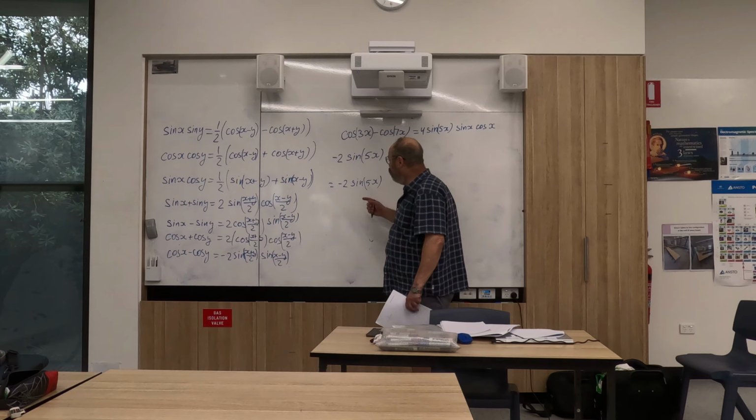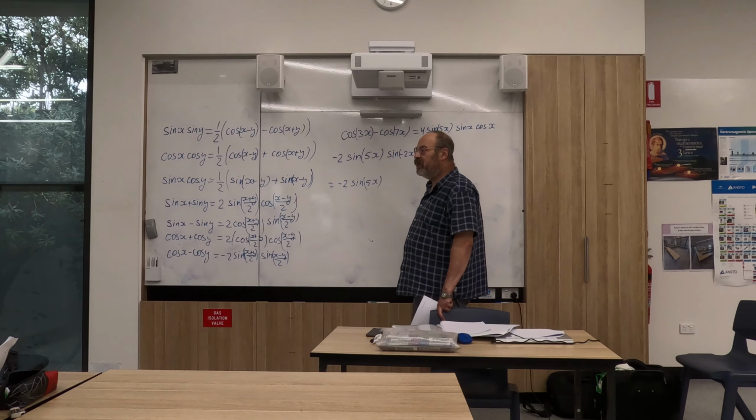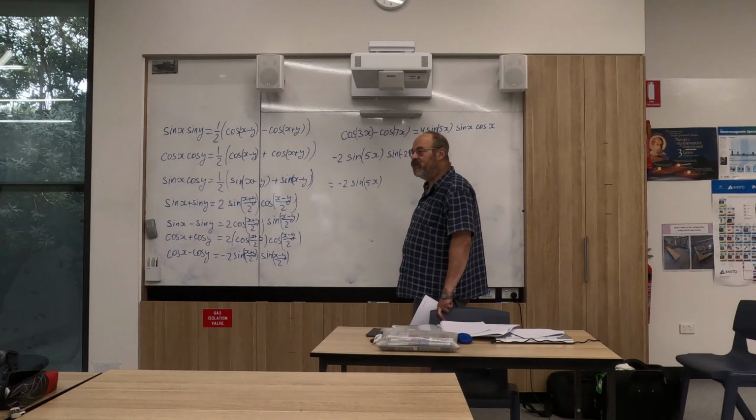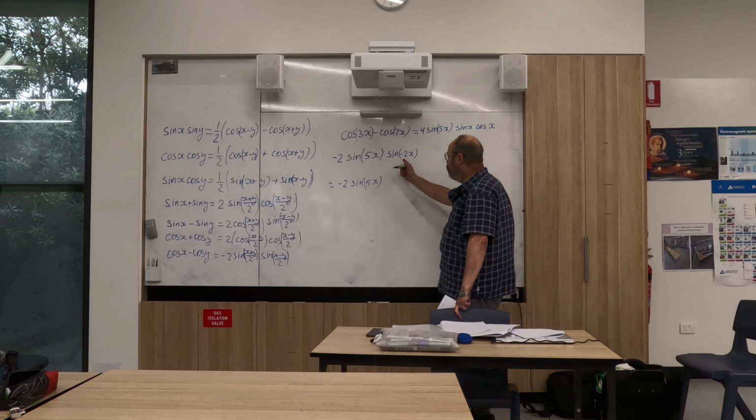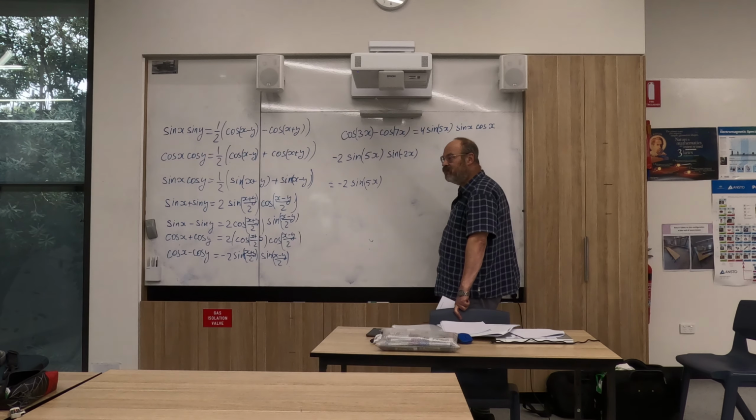And what do we know about sine of negative x? Is sine an even or odd function? Odd. Sine is an odd function. So for an odd function, we have sine of negative x equal to negative sine x.